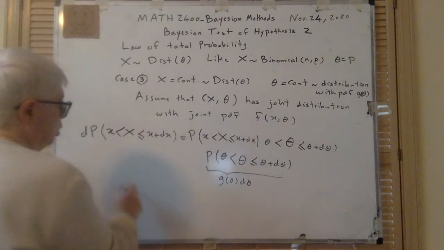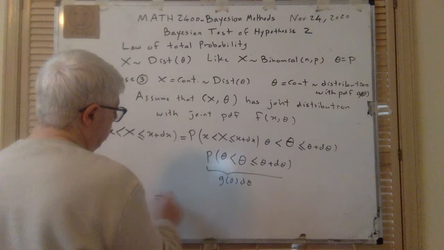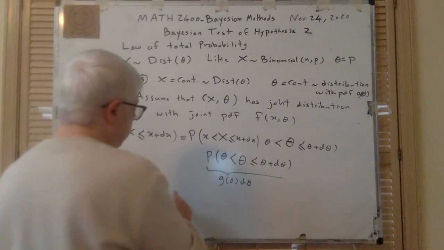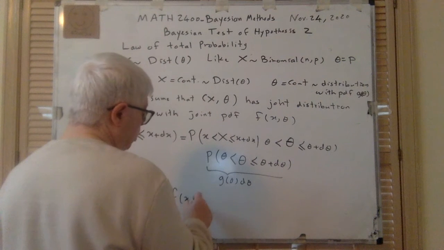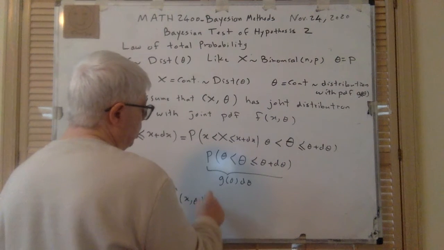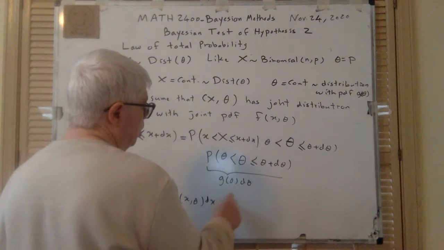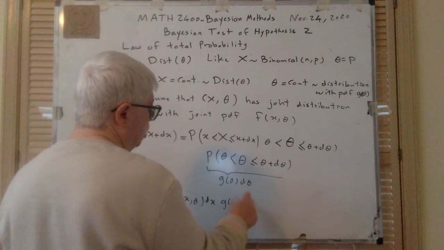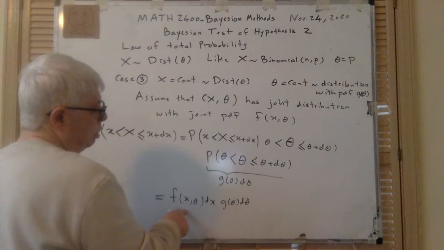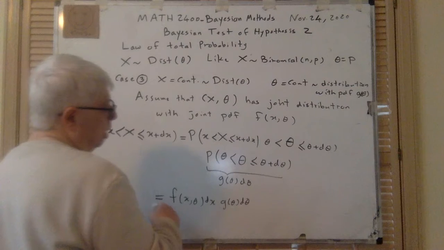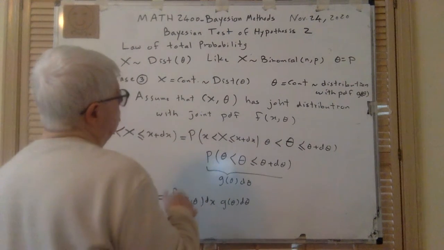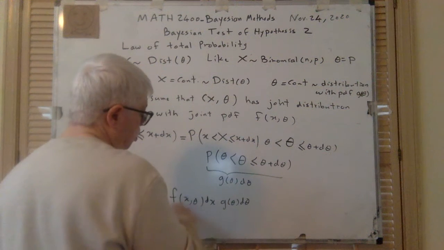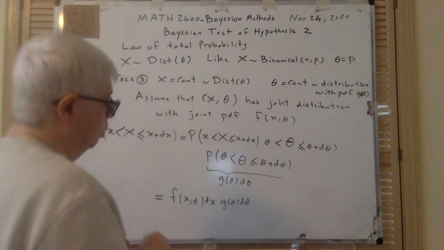So this will eventually be f(x, theta) dx, and also g(theta) d theta. I can draw some picture for this one, but let's not do that.